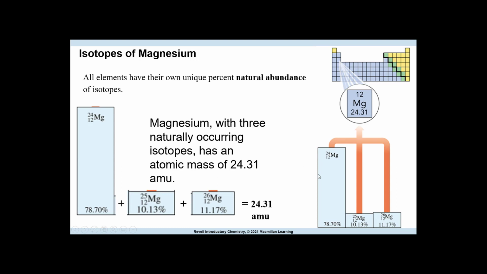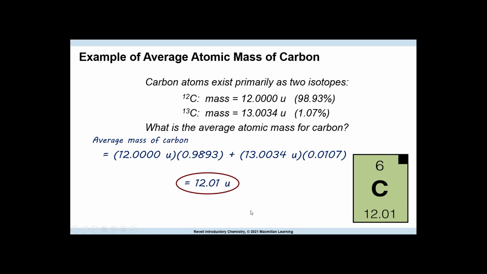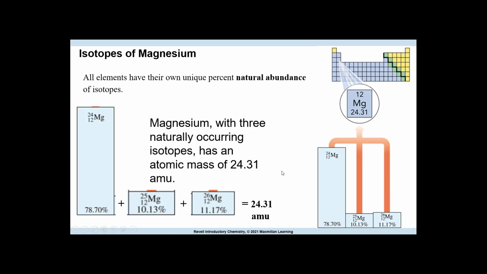So this makeup is 78.70% with a mass of 24. Magnesium 25 is made up of 10.13%, and magnesium 26 is made up of 11.17%. So when you add these averages together, in this form, you can see by adding it together, this is the average weighted mass.